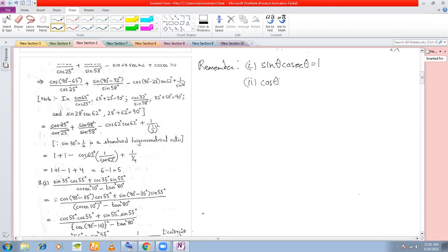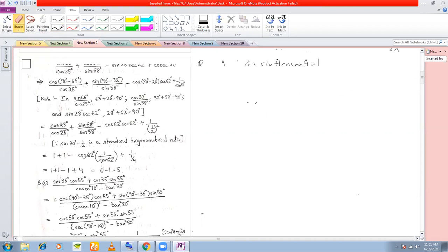Because cos theta and sec theta are reciprocal relations, their product will be 1. And because tan and cot are reciprocal, their product will also be 1. If you remember, then we can apply this directly. Otherwise, each time you will have to substitute cosec is equal to 1 by sine. Moving on to the next problem.